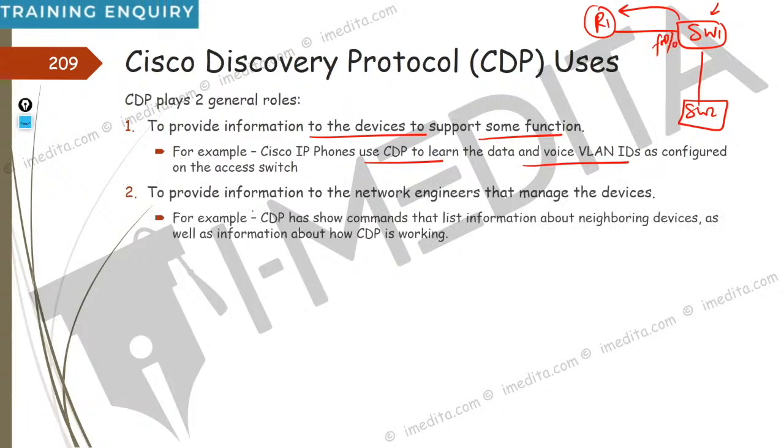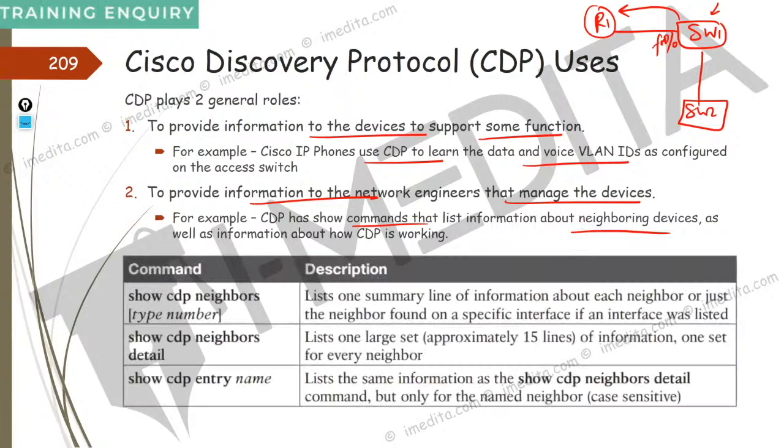So that is the second function of CDP, to provide information to the network engineers that manage the devices. And we can issue some show commands that will list information about the neighboring devices. So we can use the show CDP neighbors command. Commonly, this is the most used CDP command to check which devices exist on any particular interface.